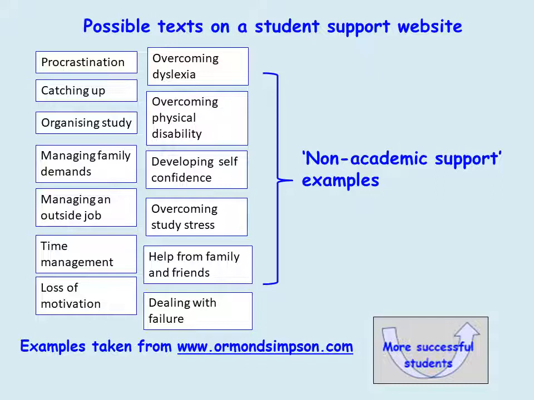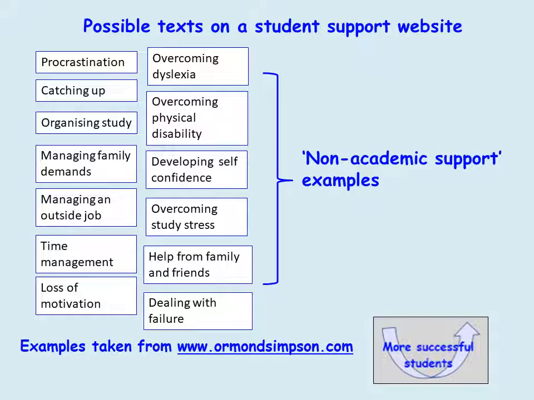You'll note that I have suggested some texts which may seem unusual, such as on advising students how to get support from their families and friends. It's important to remember that support can come from outside the institution as well as in it. And I've also put in there something on supporting students when they fail.